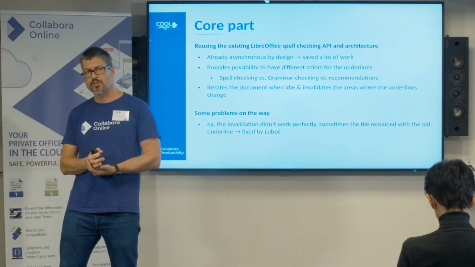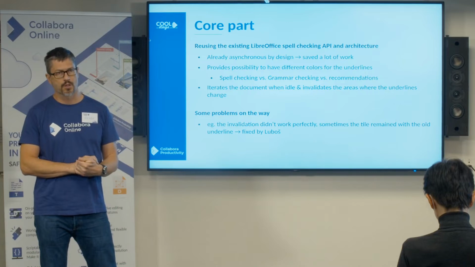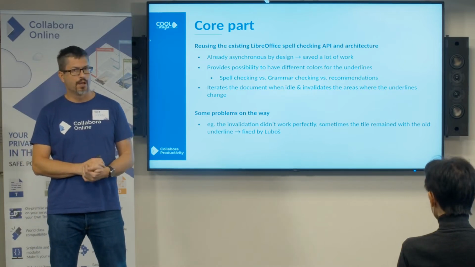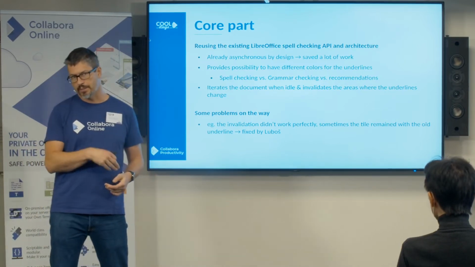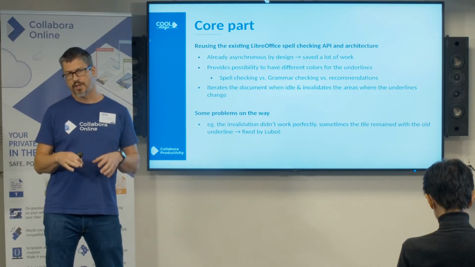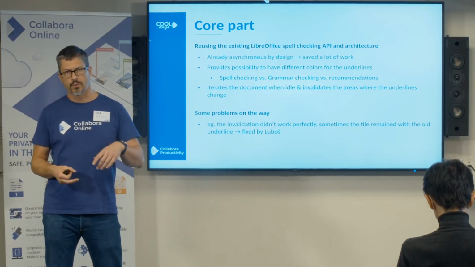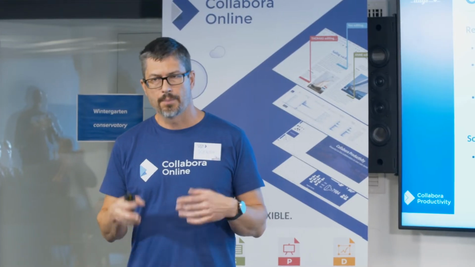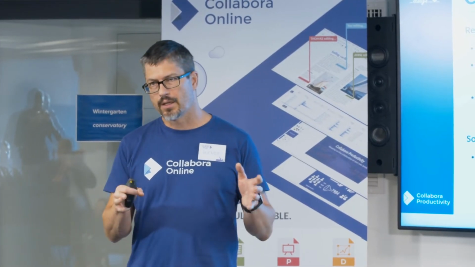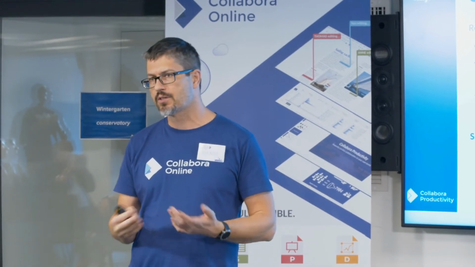Regarding how it was implemented, it was reasonably straightforward because we are reusing the existing framework in LibreOffice for the spell checking, which by itself is already asynchronous. That was a huge advantage over what has been done for DeepL, because it didn't matter that much if we were waiting for the results or not.